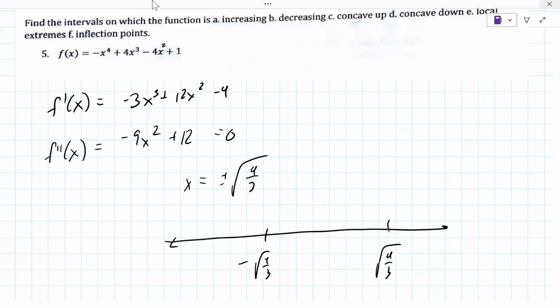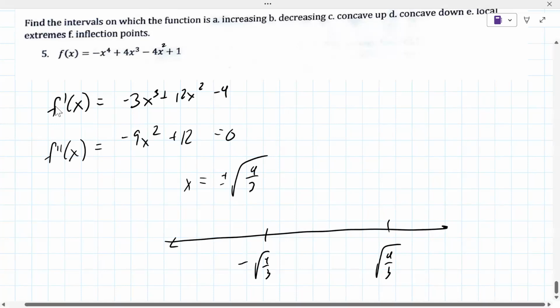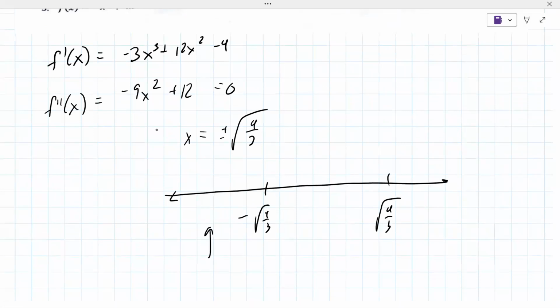So you could test points in the second derivative here. Like 0 is a good one, maybe -10 and 10. But you'll find that's negative, positive, negative. So each of these are inflection points.